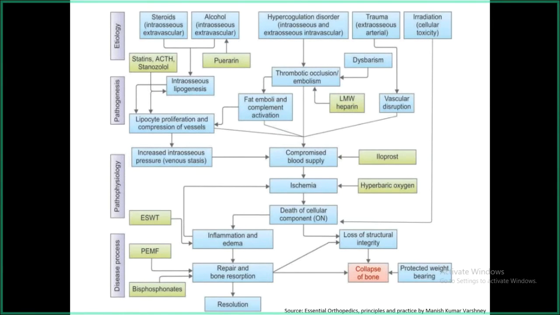This is a picture which shows traumatic as well as non-traumatic etiology. The non-traumatic etiology shows steroids as well as alcohol, which are the most common factors causing avascular necrosis, in which intraosseous lipogenesis occurs, with lipocyte proliferation and compression of the vessels, as well as increased intraosseous pressure and venous stasis, which again leads to death of the cellular component.